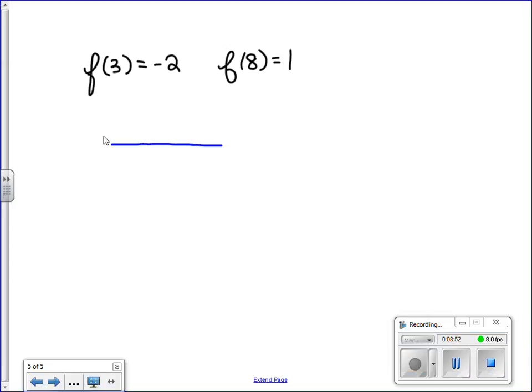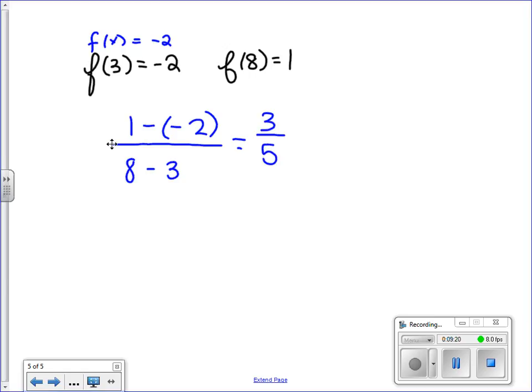The 8? Negative 3, right? No, 1 minus negative 2. Remember, this is f of x equals negative 2. Oh, okay. So the 3 is the x, and the 8 is the x. Yeah. So 1 minus negative 2 on top, 8 minus 3 on bottom. So what is that, 3/5? 3/5.